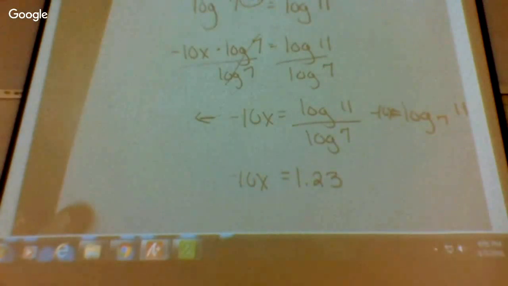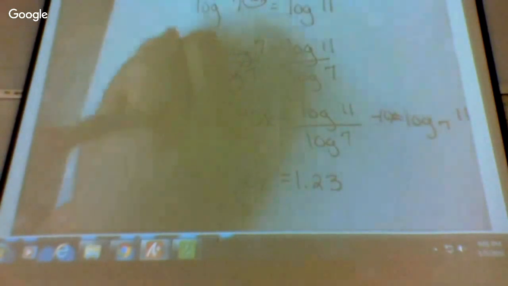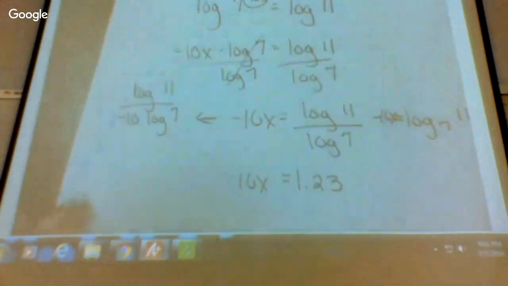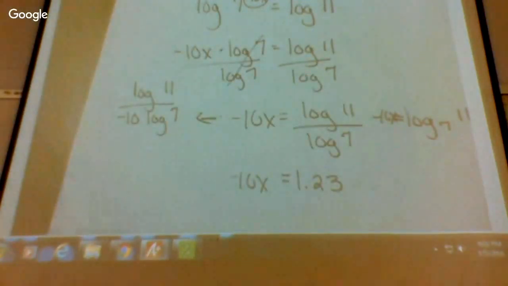Divide it. Most people see the negative and they want to add, but it's not subtracting from x, it's multiplying with it. So I have to divide it on both sides. Well, if I divide it with this one, it just becomes log of 11 divided by -10 log 7. It just goes down with the log 7.